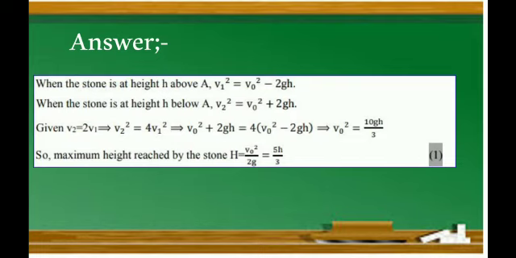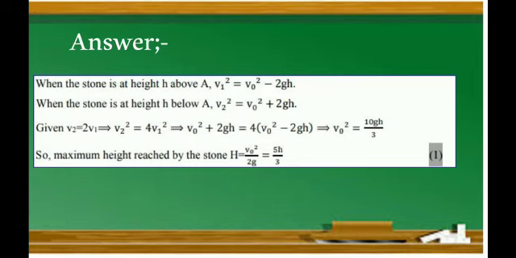When the stone is at the height h above A, the equation becomes v1 square is equal to v0 square minus 2gh. When the stone is at the height h below A, v2 square is equal to v0 square plus 2gh. Given v2 is equal to 2v1, this implies v2 square is equal to 4v1 square.